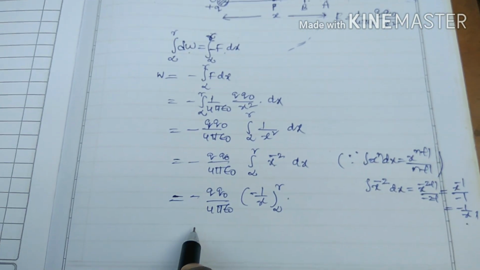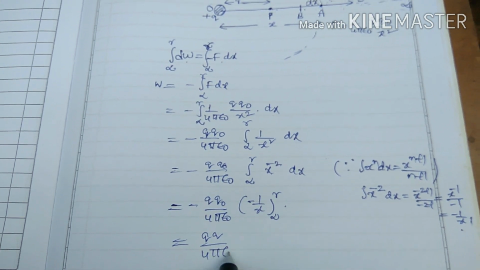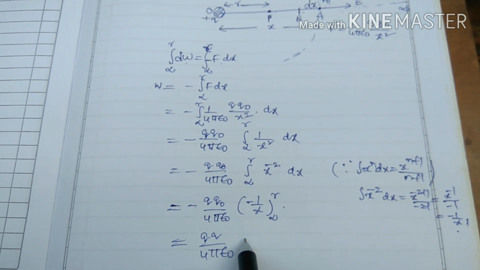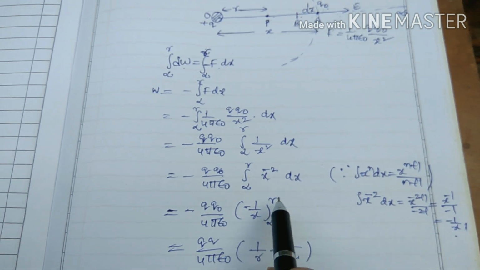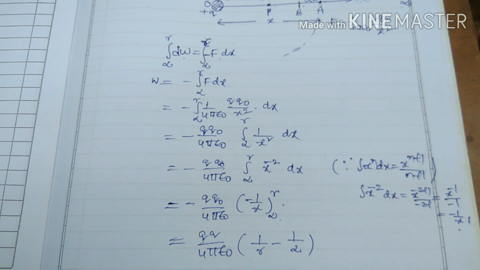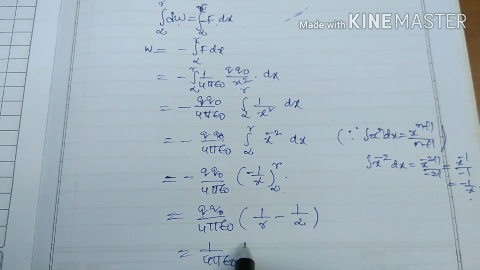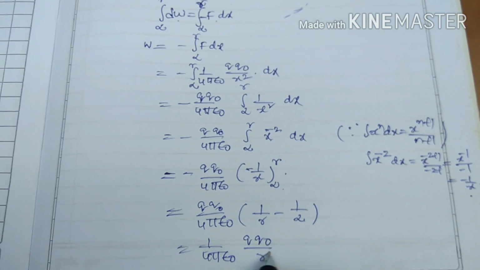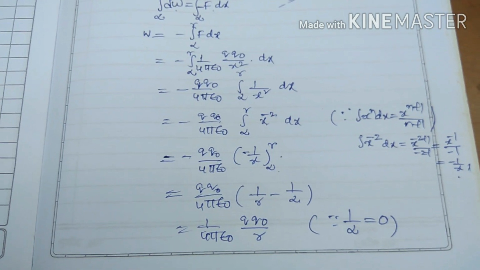Minus minus becomes plus, so it is Q Q naught by 4 pi epsilon naught. Applying the limits, upper limit minus lower limit: 1 by r minus 1 by infinity. Since 1 by infinity is equal to 0, it is 1 by 4 pi epsilon naught, Q Q naught by r.